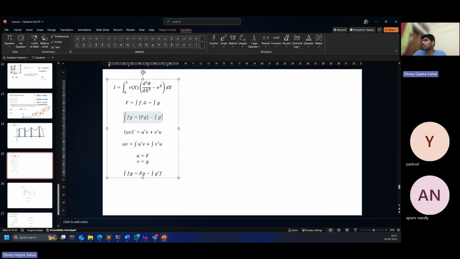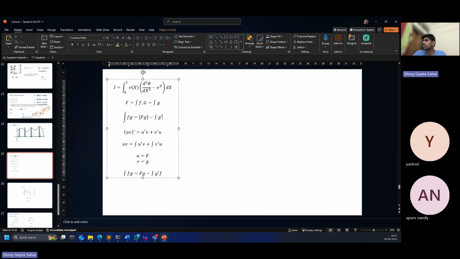This should be capital F only. Yeah, this should be capital F. This is okay. Okay, so now we'll do the same thing with this one.